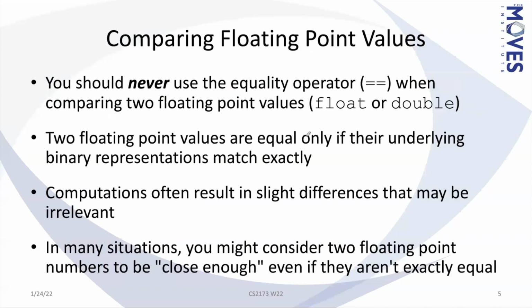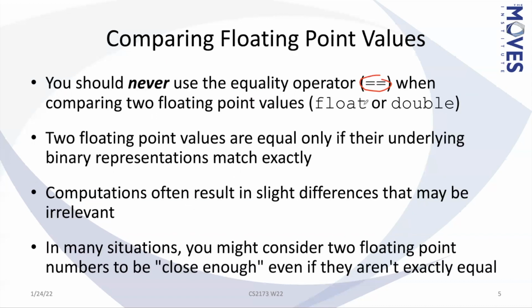Okay, so when you're comparing floating point values, again, this is a mortal sin, almost akin, in some ways it's even worse than declaring public instance variables, although one could argue, but it's bad. Never use double equal. It is fine for ints and integer values. Never use it for floating point values.